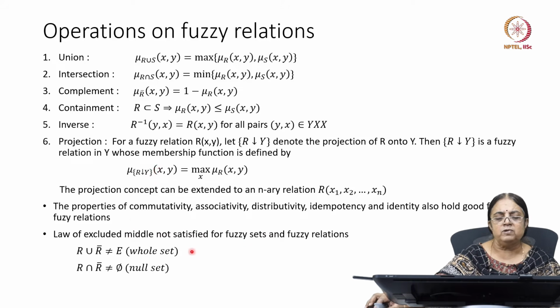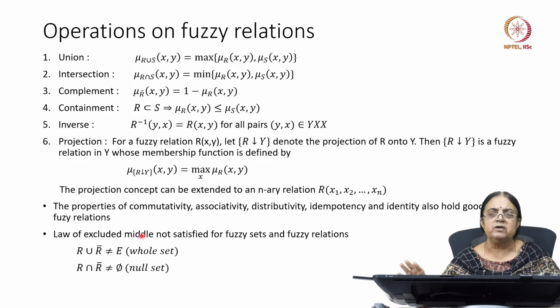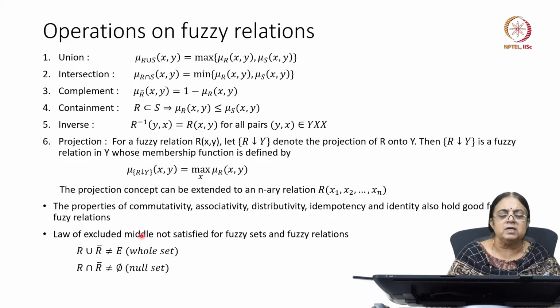So when you come to fuzzy sets, you find that the law of excluded middle is not satisfied. If you take crisp sets, a set A, and you say A union A bar, you will find that it gives you the whole set.